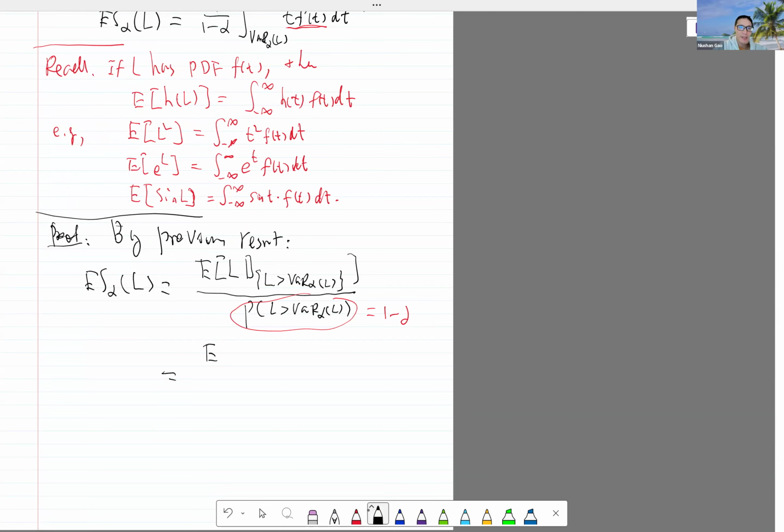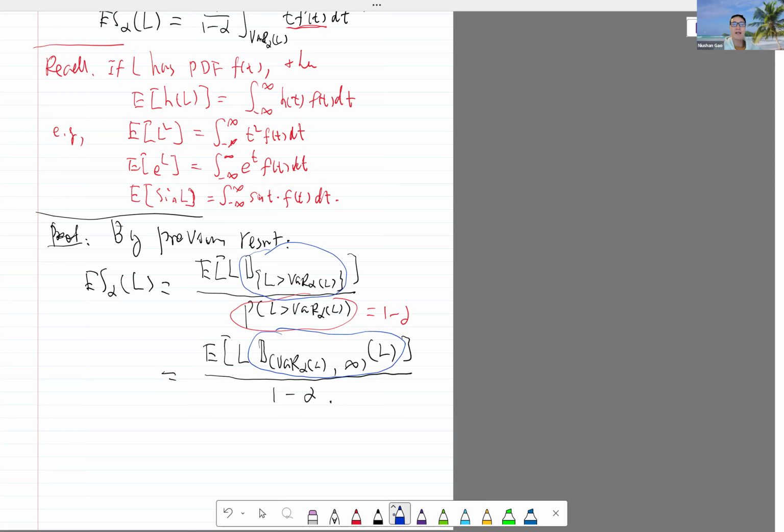So this is 1 over 1 minus alpha times the expectation of L times the indicator function, which I can rewrite as the indicator of the interval from value at risk alpha of L to infinity, applied to L. These two are the same thing. If L of omega is larger than the value at risk, it takes the value 1.